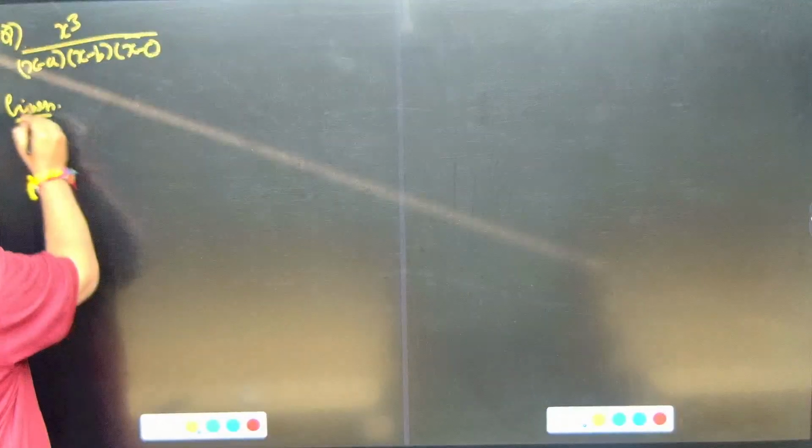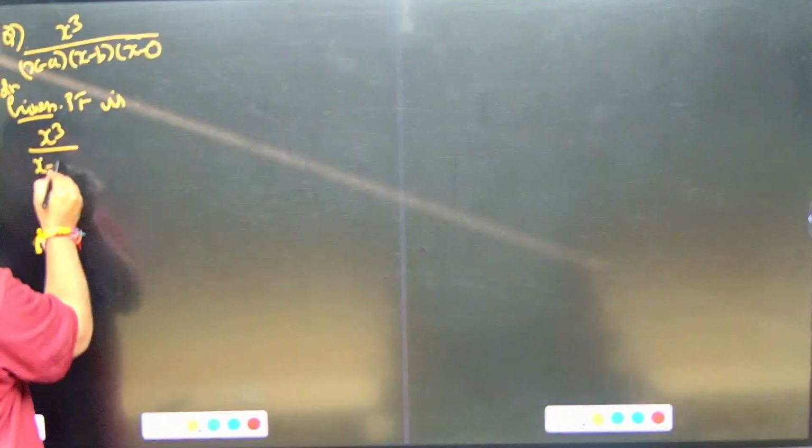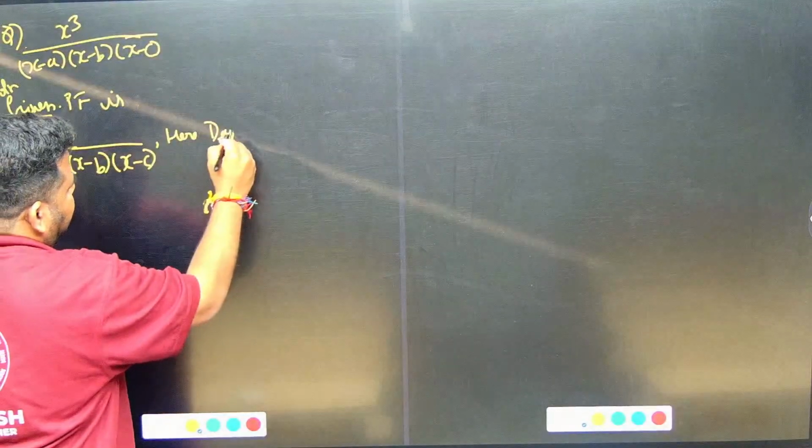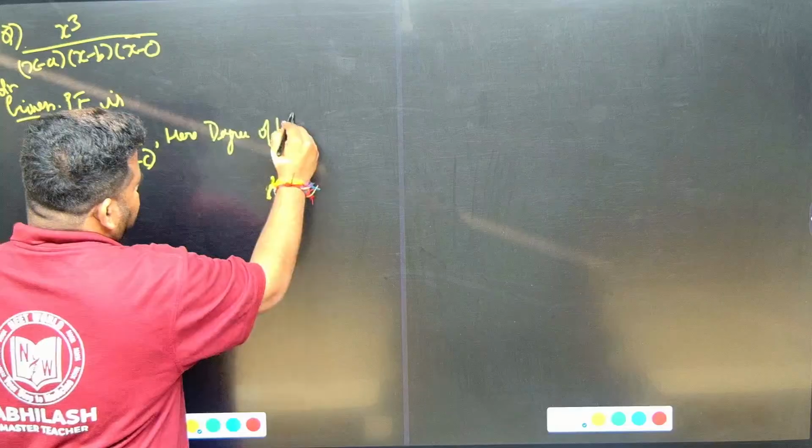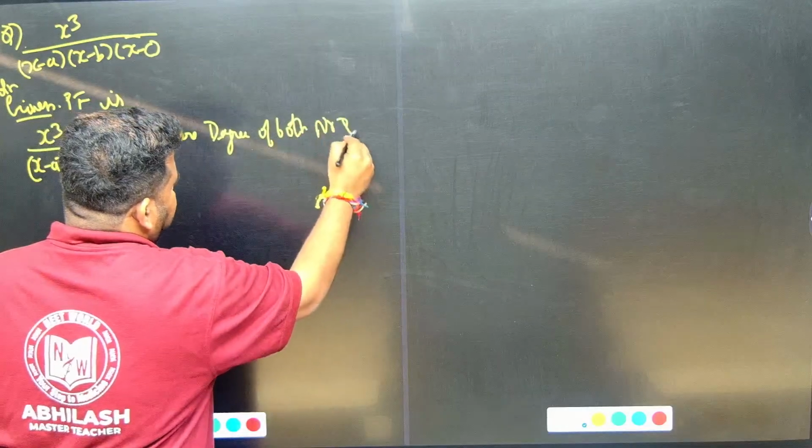First let us write down the solution. The given partial fraction is x cube by x minus a into x minus b into x minus c. Here the degree of both numerator and denominator is 3.